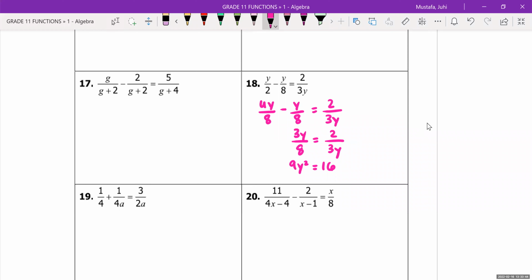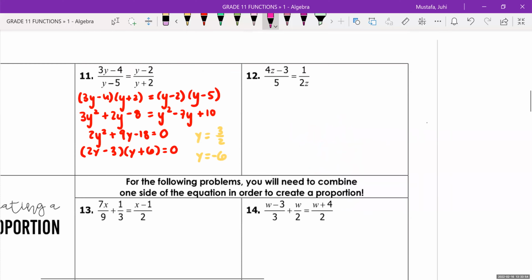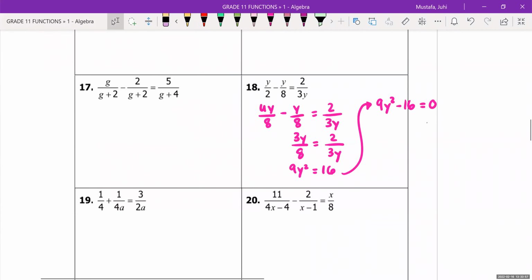Difference of squares, yeah. So when I move this over, I'm going to get 9y squared minus 16 is equal to 0. And it's just a difference of squares. So we're going to get (3y + 4)(3y - 4) is equal to 0.